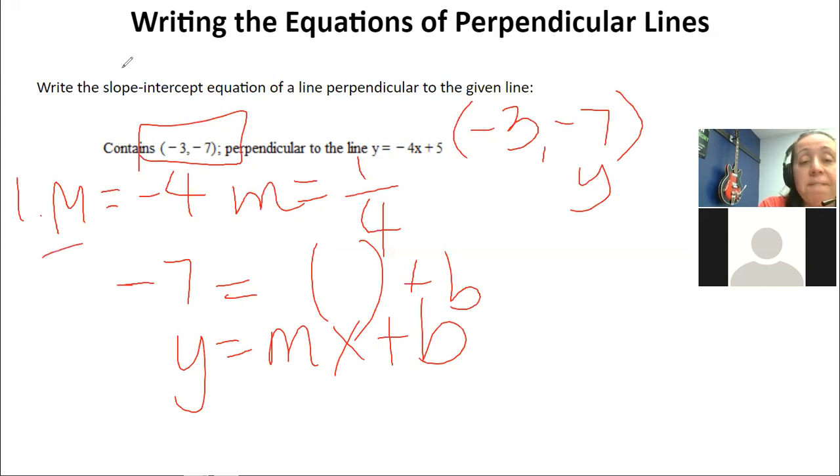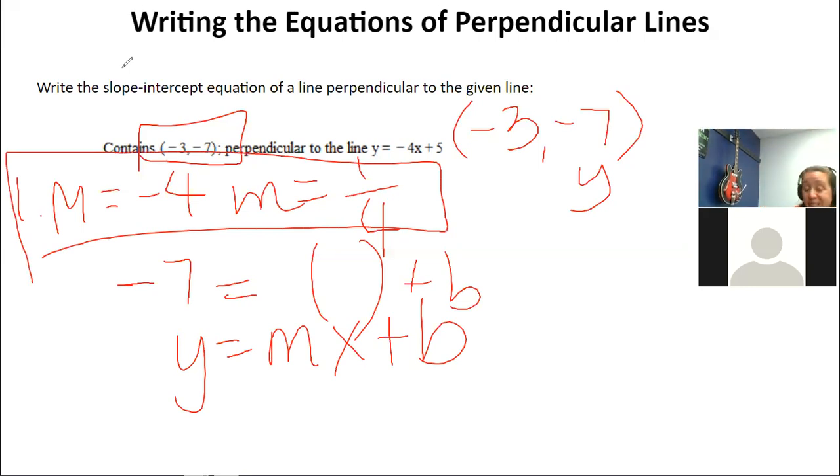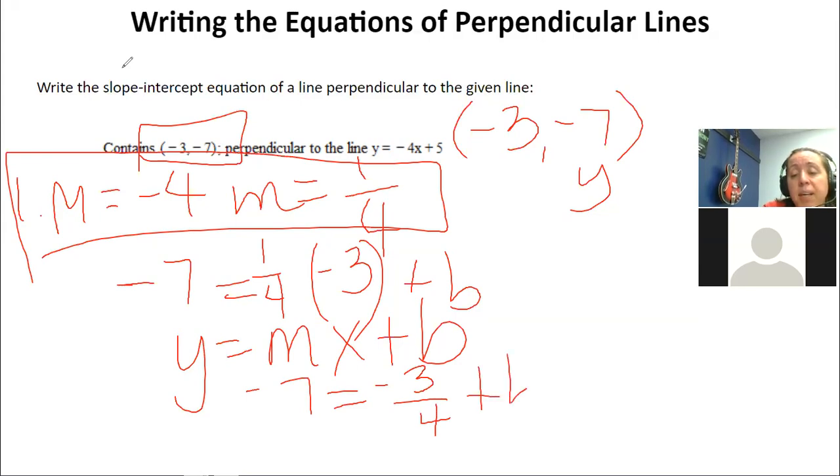What slope did I figure out in step 1 that it has to be in order for it to be perpendicular to that line? What was our slope? It was a fraction. 1/4, yeah. So we're gonna go 1/4, and then my x value is -3. So I'm gonna go 1/4 of -3, which is the same as -3/4, right? So -7 equals -3/4 plus b. Now what do I do?